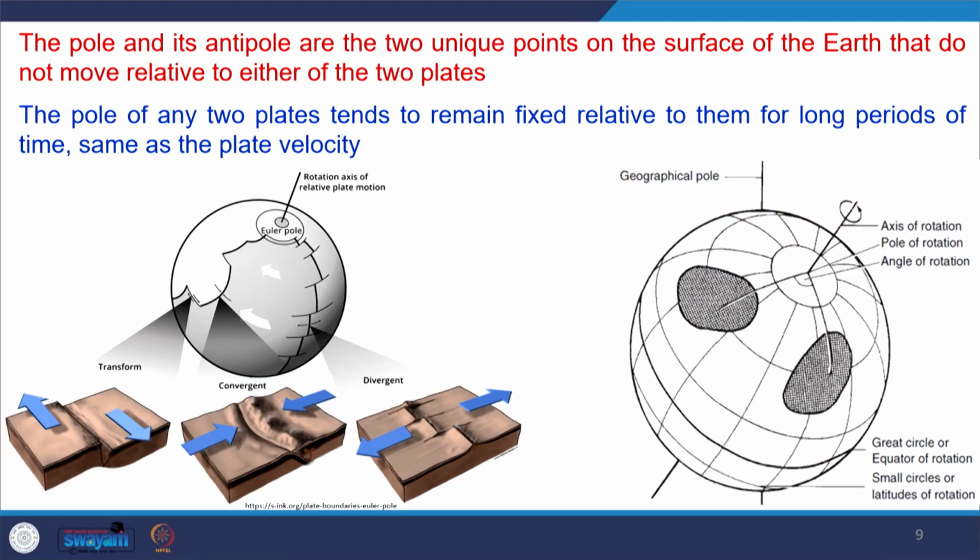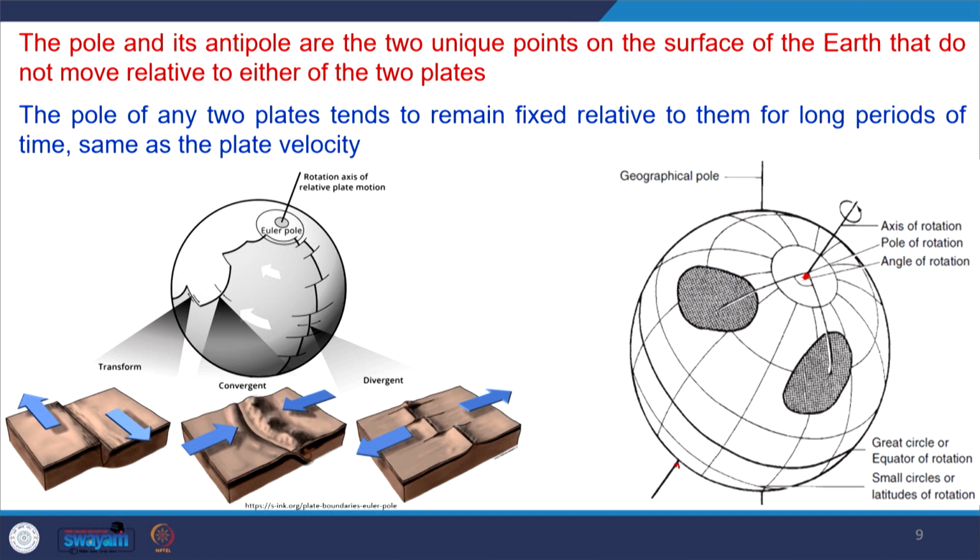Now, the pole and its antipole are the two unique points on the earth's surface that do not move relative to each other. Imagine this is the pole and this is the antipole. They are constant points, and the poles of these two plates tend to remain fixed relative to them for a longer geological time.